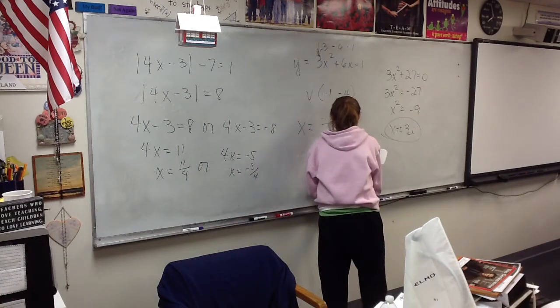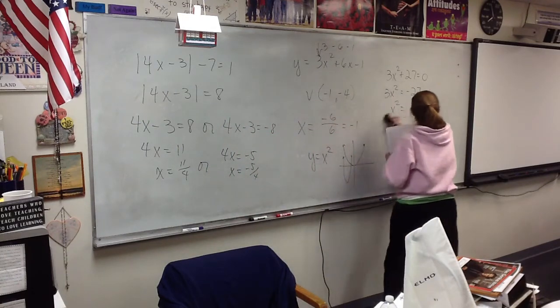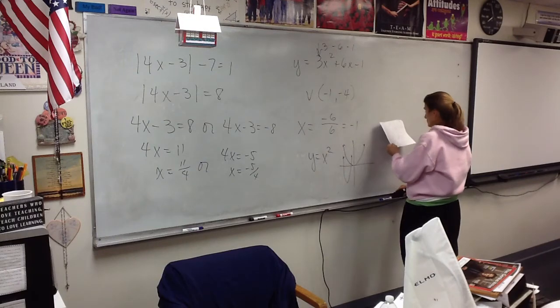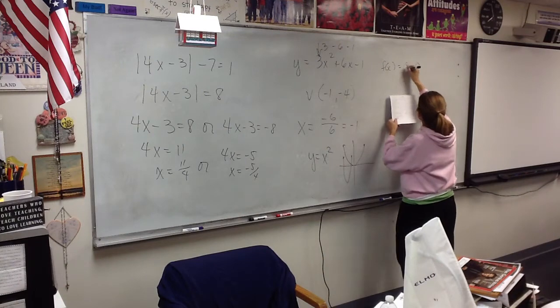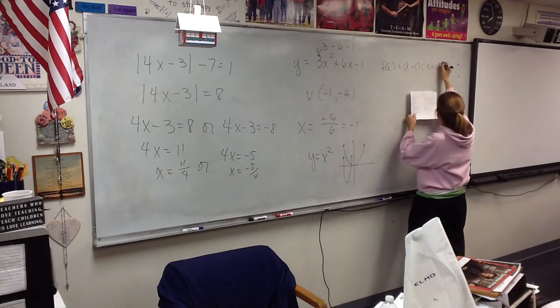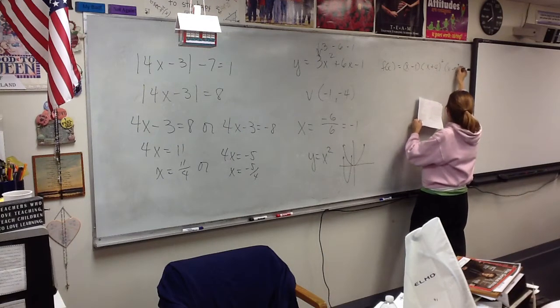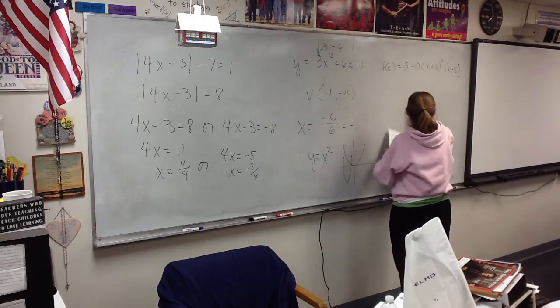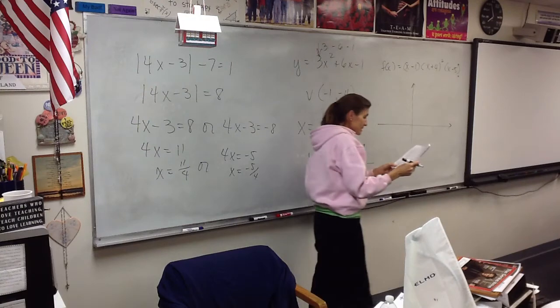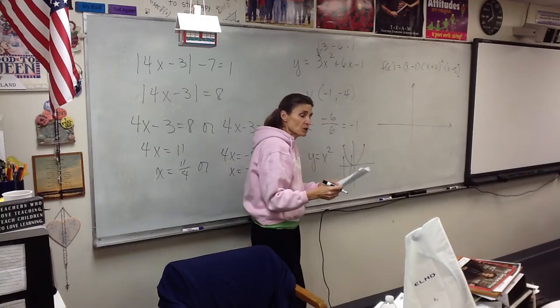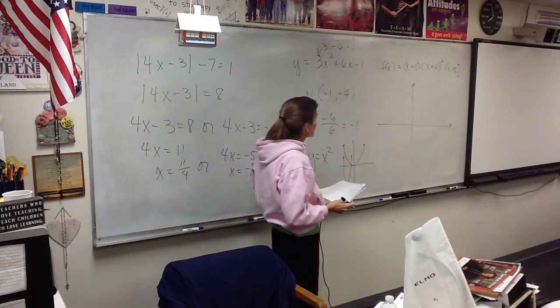All right, number 13. This is a no calculator problem, so if you think you're going to sketch it on your calculator, you're wrong. It doesn't say sketch. Oh, actually it does, D. So I'm going to go ahead and just sketch it as we go, and then we can answer the questions.